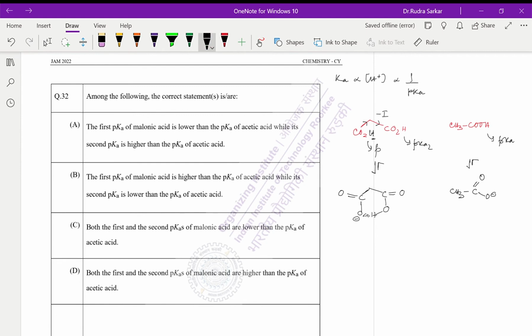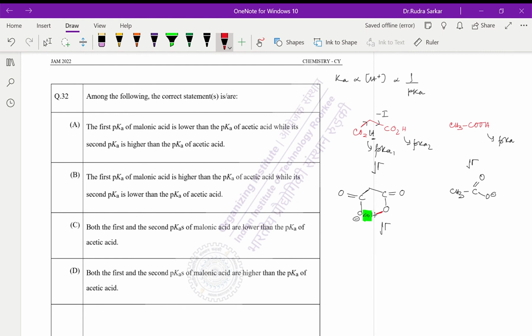So that is okay. Now if you want to further release the other proton, one restricting factor will be that this hydrogen bonding is there, so that will not help to increase the polarity of this OH bond.